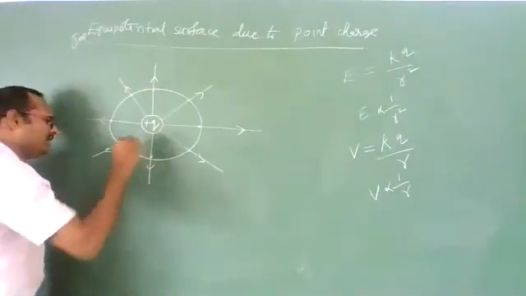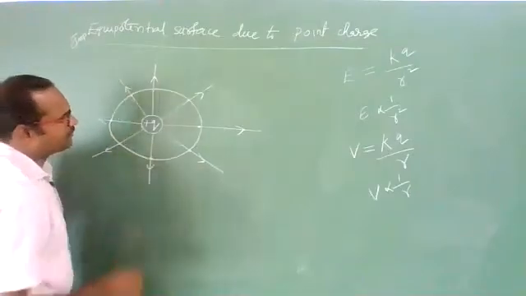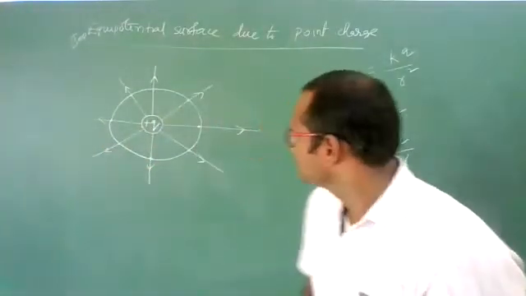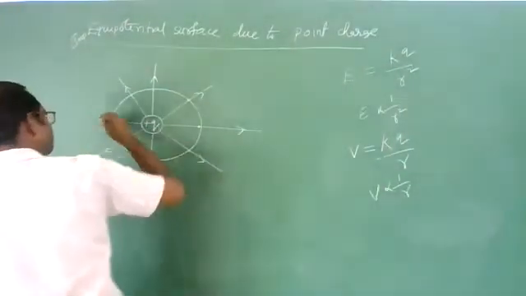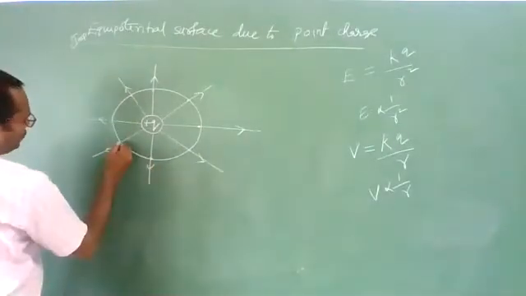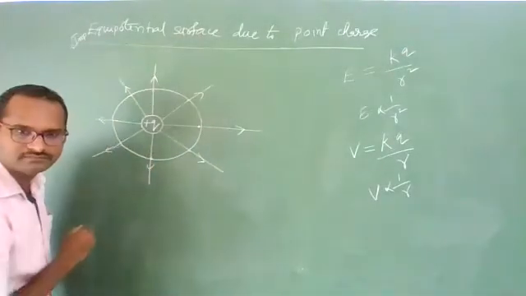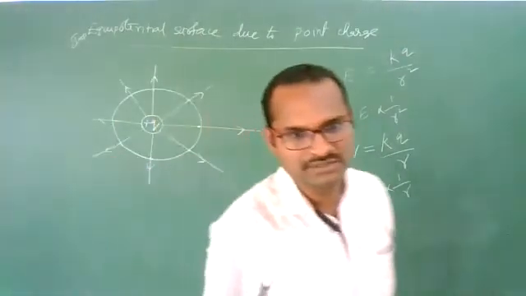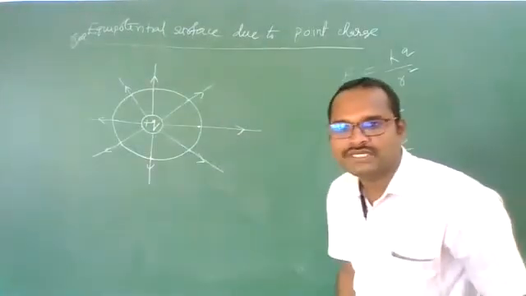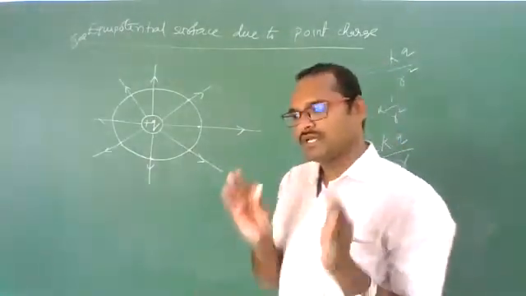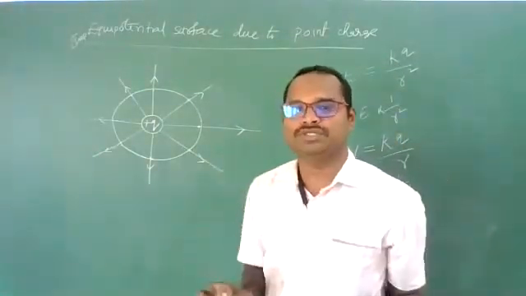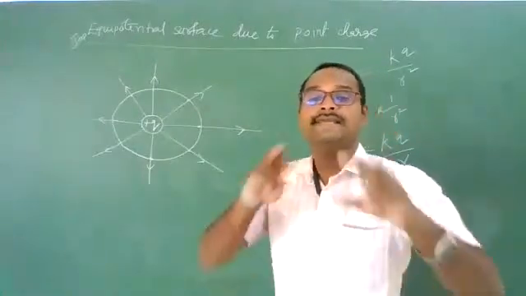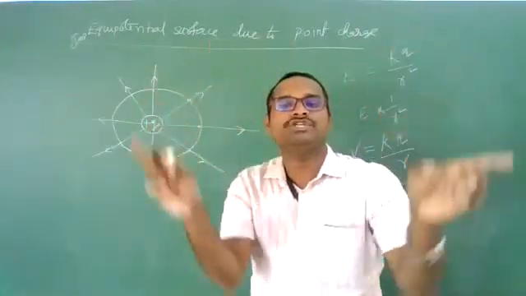For a positive charge, the equipotential surface is a spherical surface. Perfect shape should come. Clear? For a positive charge or a negative charge also, the equipotential surface should be spherical in shape.